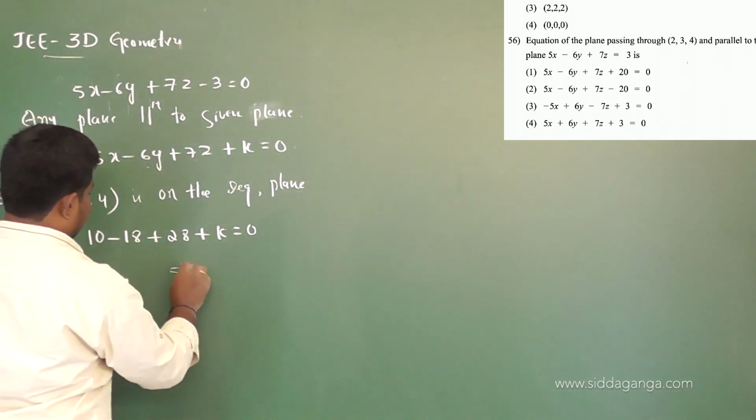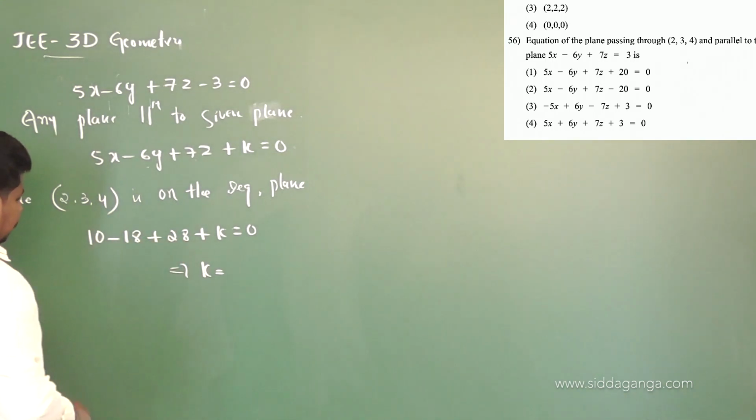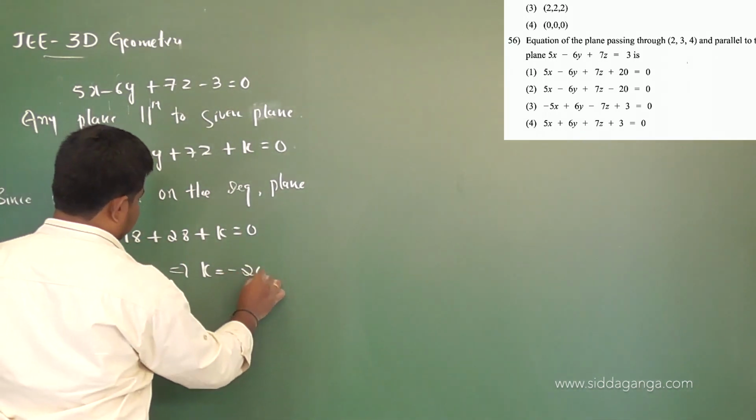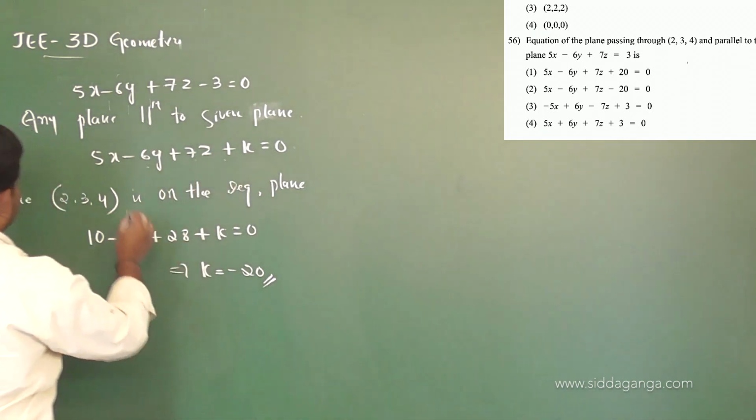So you get k is equal to minus 20. Okay, so minus 20 is the k value, and let me substitute the k value in the equation of the required plane.